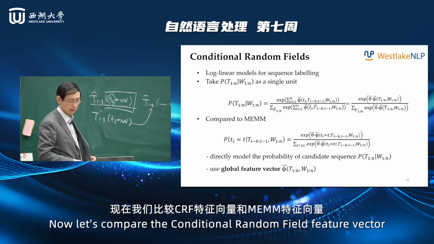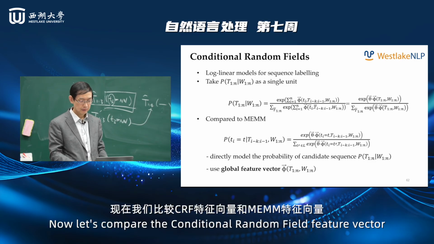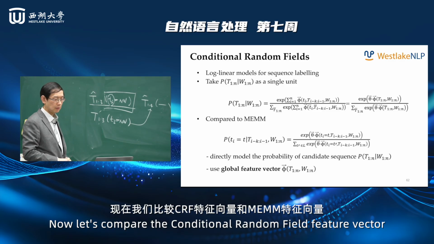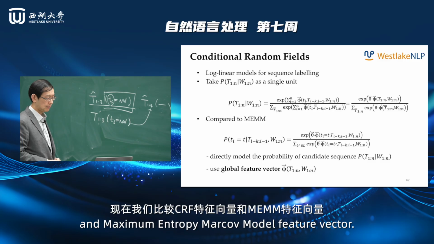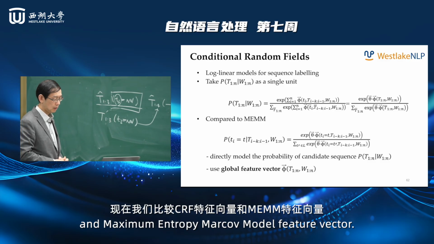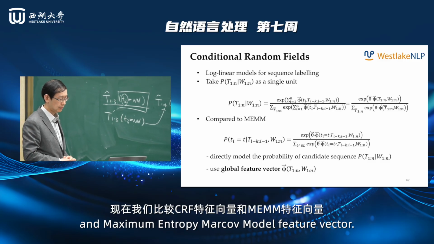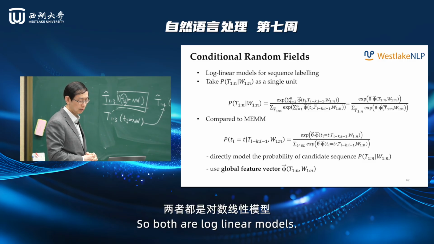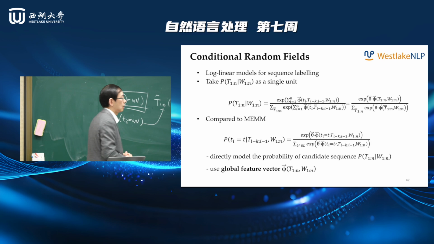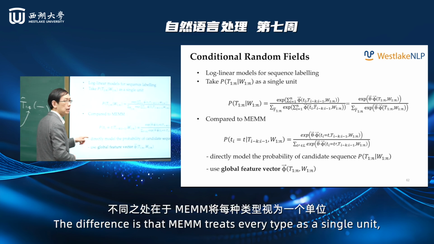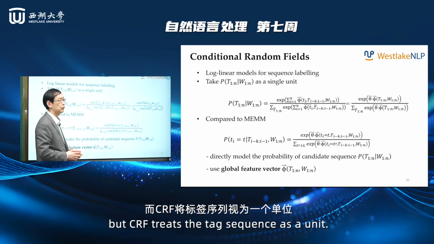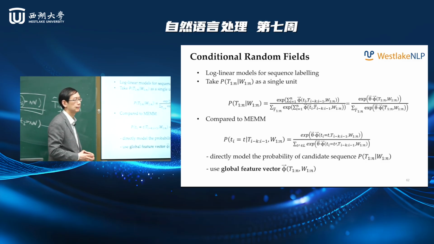All right. Now, let's compare the conditional random field feature vector and the maximum entropy Markov model feature vector. So both are log linear models. The difference is that MEMM treats every tag as a single unit, but CRF treats the tag sequence as a unit.